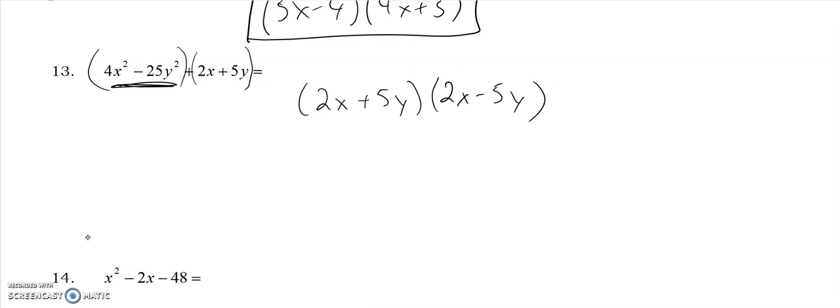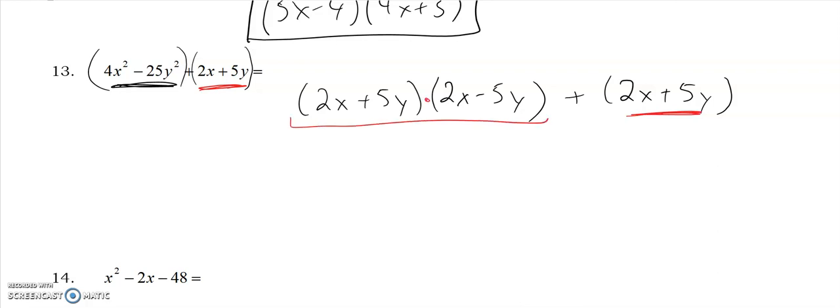Now I have my other portion of my problem, which I'm looking at here. That's this. So again, these are 2 terms. This is my first term because this is a multiplying right here. This is a term, and this is a term. Well, this is what's in common. So I can factor that out.